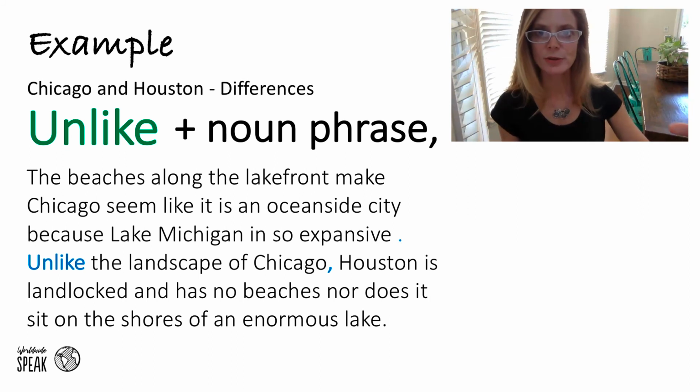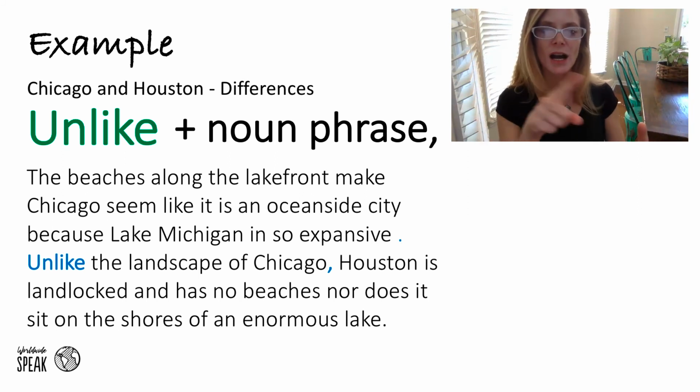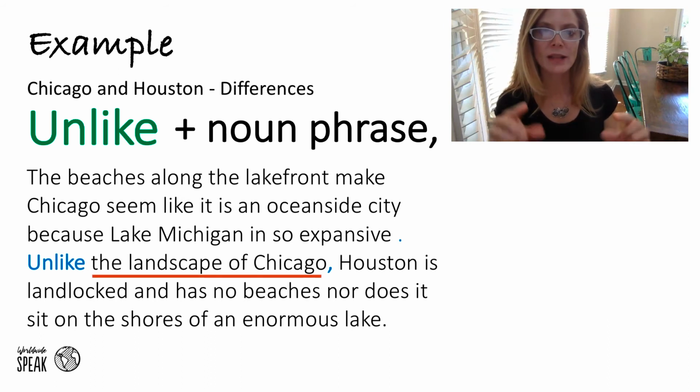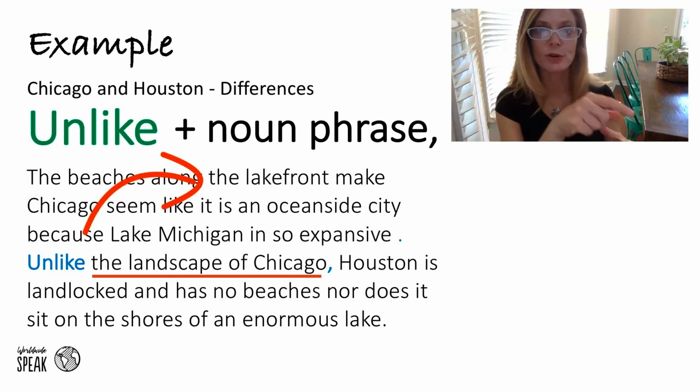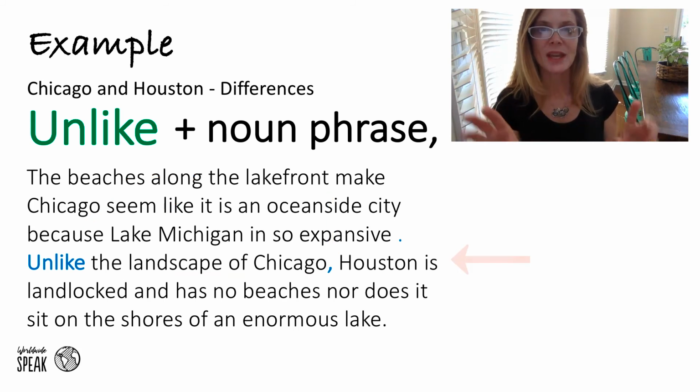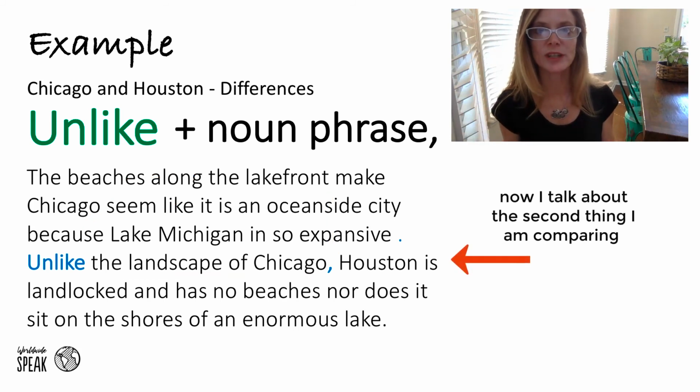So I talk about it first in Chicago, and then I use that transition word unlike, followed by the noun phrase, which is the thing that I'm contrasting between the two, which is the scenery, or the landscape is the word I used here. So I say, unlike the landscape in Chicago, remember I refer back to the thing I was just talking about, comma. Now I start talking about Houston and show how it's different.